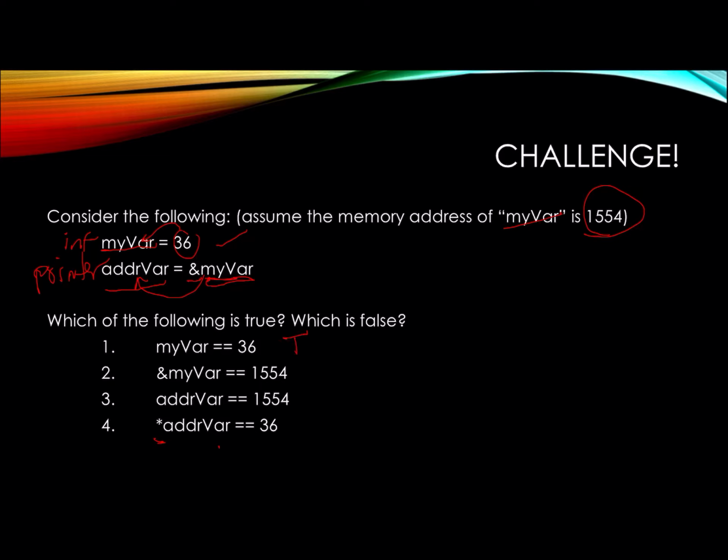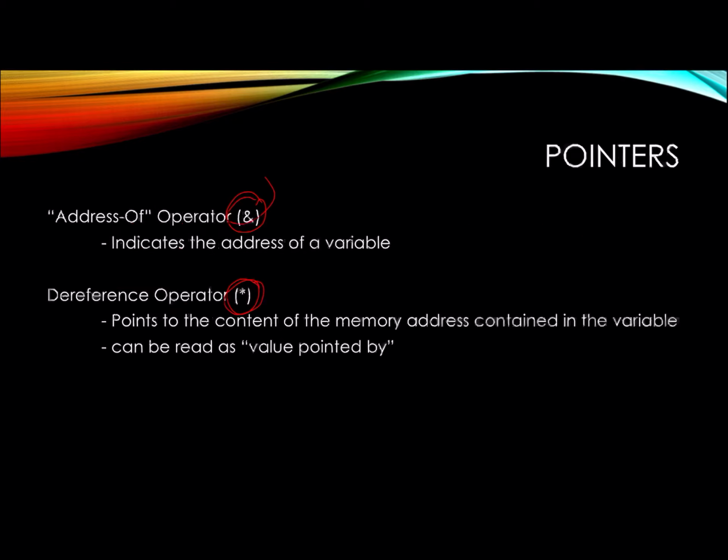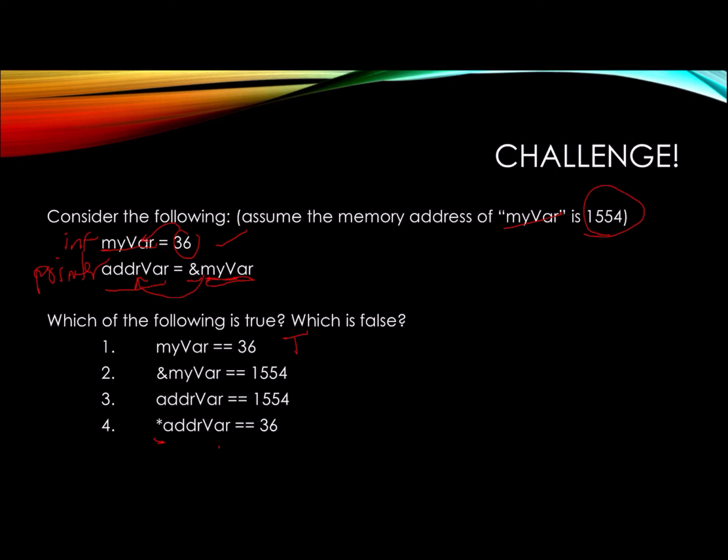Number two, is ampersand myvar equal to 1554? The address-of operator ampersand indicates the address of a variable, and the address of myvar is 1554. So yes, that is true.